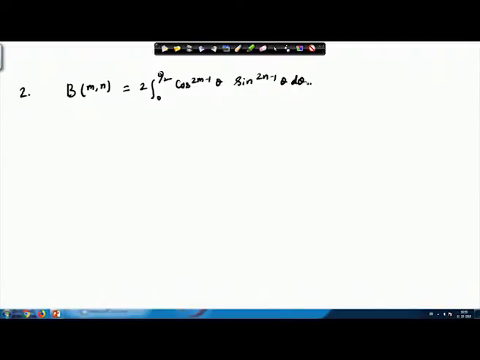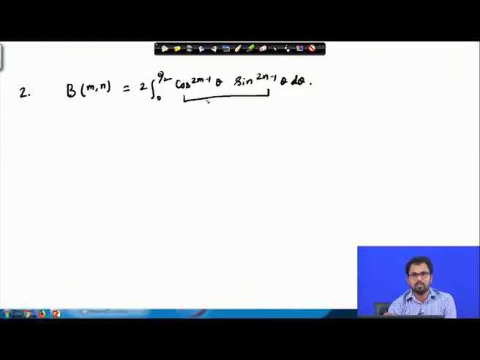So, instead of an algebraic expression, we now have a trigonometric expression in the integrand. Looking at this, it is straightforward that we have to do some kind of substitution for x in our formula.